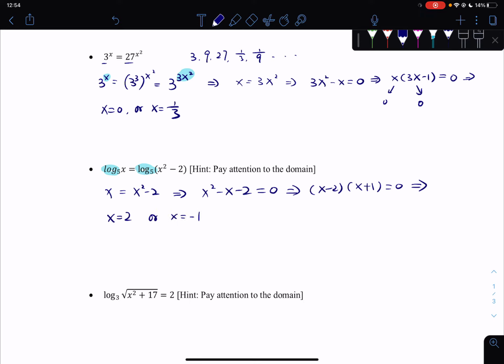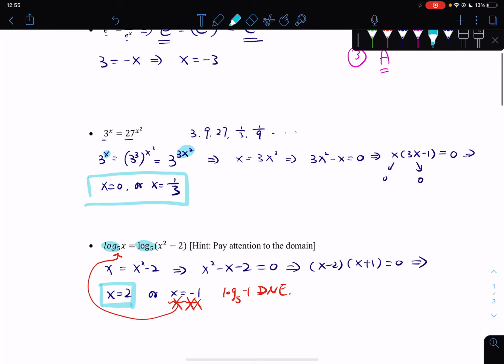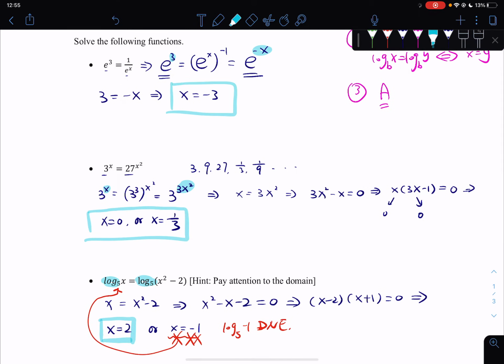Please pay close attention to the fact that you're playing with a logarithmic function here. Whatever you put into a log structure must be positive. It makes no sense to plug negative 1 into this function and try to calculate what that is. It doesn't exist. Therefore, you can't use this. Your final answer is simply x equals 2. You have one single answer in this problem.